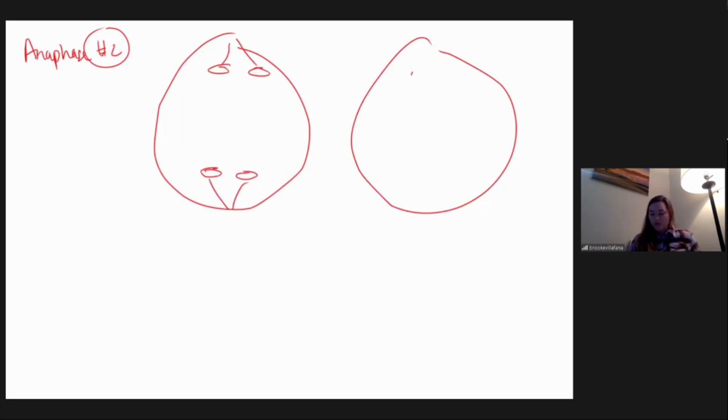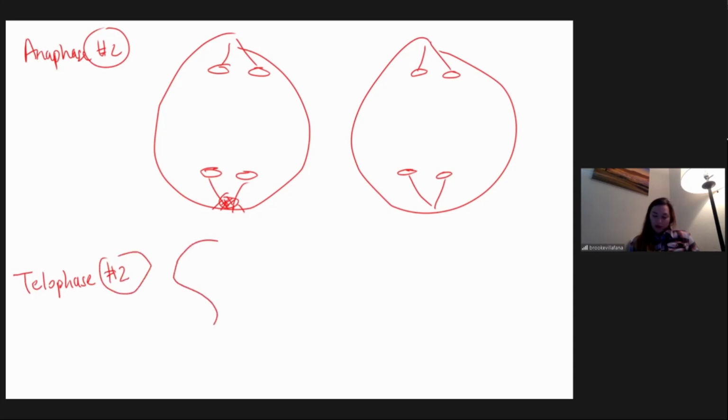And I'm just keeping the drawings really simple because for mitosis, I already went through all of the different structures. Just know you have all of that same stuff again. The centrioles, centrosome, the asters, the spindle fibers, right? All of that stuff is still here. I'm just not going to spend our time redoing all of that.